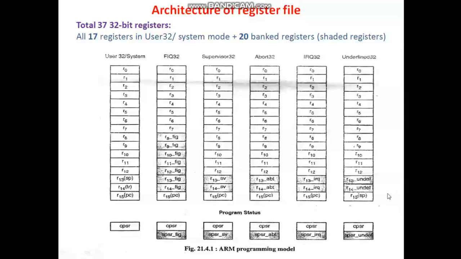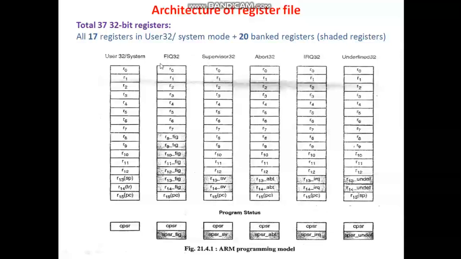So when the processor is operating in a given mode, only a certain set of registers is visible and accessible to the processor. If you consider 16 plus 1, 17 registers in user mode, and additionally these shaded registers which are shown here, these are called banked registers. These are 20 in number, and therefore 17 plus 20, a total of 37 32-bit registers, are actually implemented in the CPU in the register file structure.